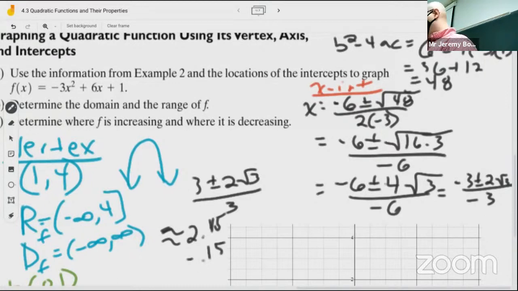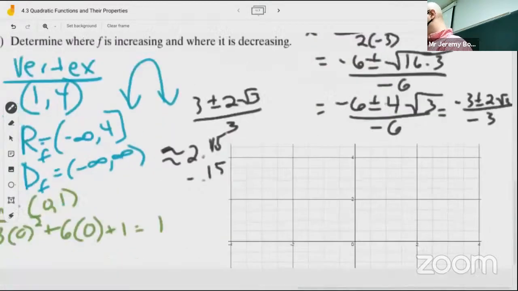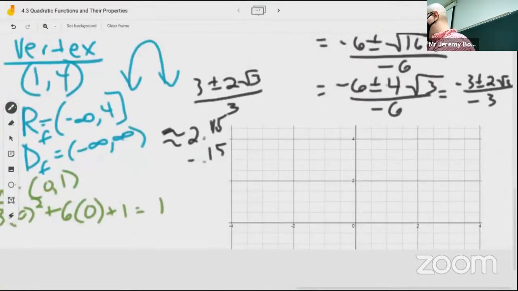So we don't have the best answers to get there, but it can at least tell us about how the graph's going to look. So we know we still have that vertex at (1, 4). We know it opens down, and we know we have an intercept at negative 0.15, which is about a fraction.